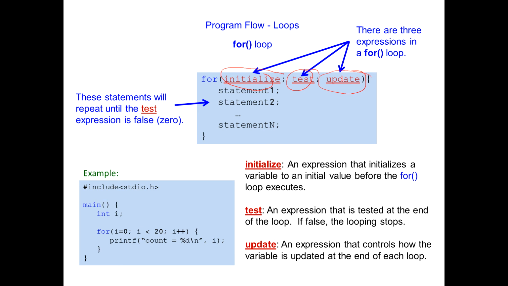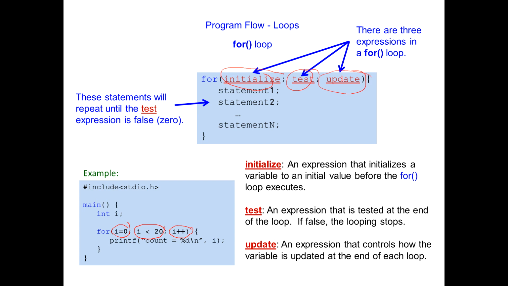So let's look at the for loop here. In our initialization, we're setting the integer i to be 0. The test checks whether i is less than 20, and the update is i++, or increment i by 1. Here we have a single statement, print count equals, and we'll print out the current value. Notice we are going to start with i equals 0.